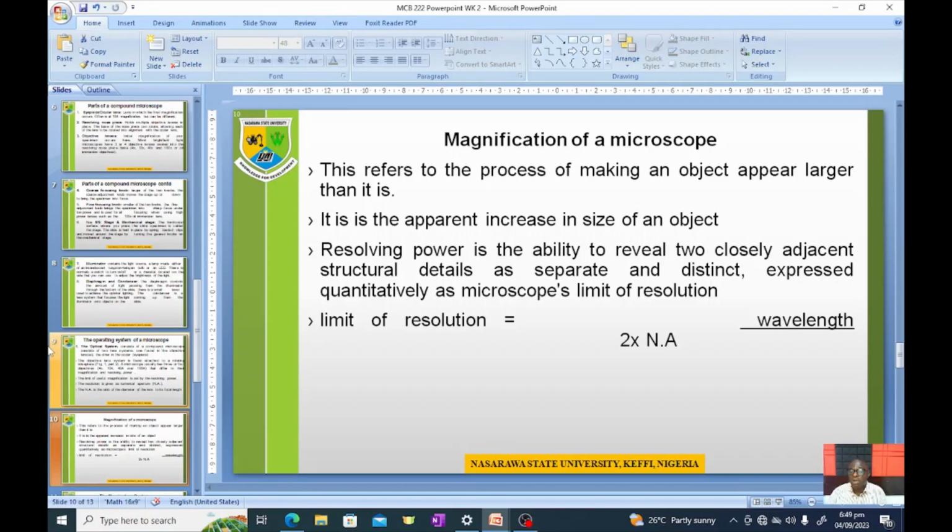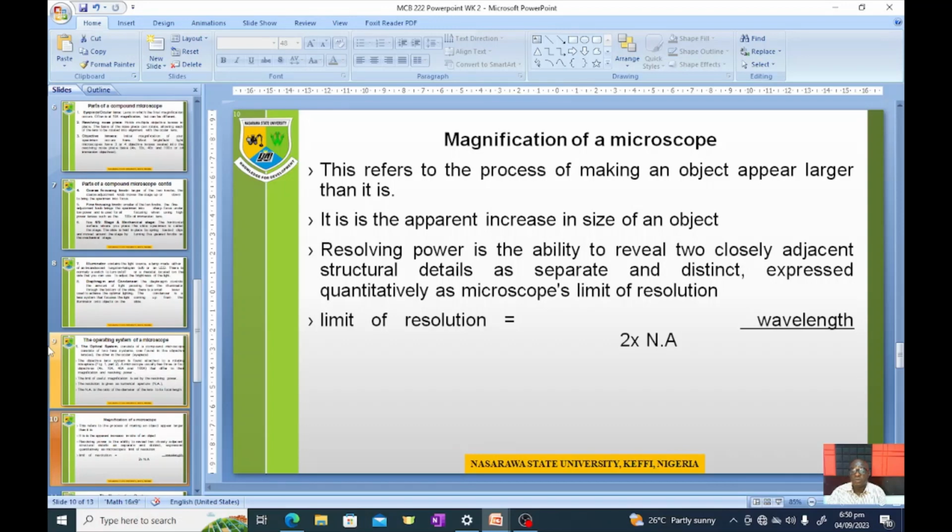If the resolving power is not high, images will appear so blurred that you cannot distinguish them. You can only see them there, but as to whether there is a demarcation between two as 2 separate things, it is not feasible.